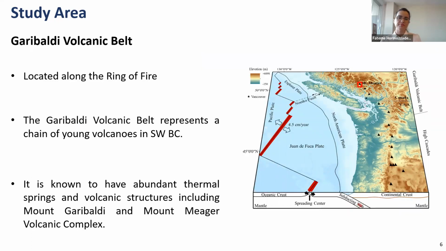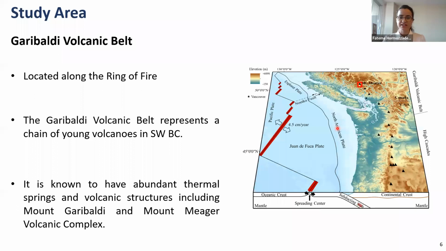The Juan de Fuca Plate in southwestern Canada and northwestern US is subducting beneath the North American plate, which causes the Cascade volcanic arc. And the northern segment of this arc is the Garibaldi Volcanic Belt, which represents a chain of young volcanoes in southwestern BC and northwestern US.